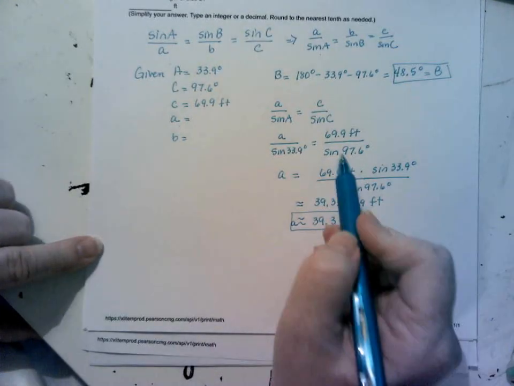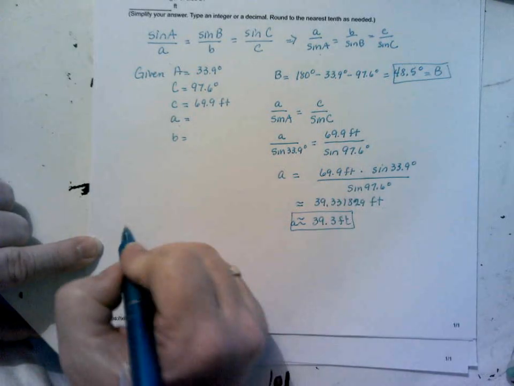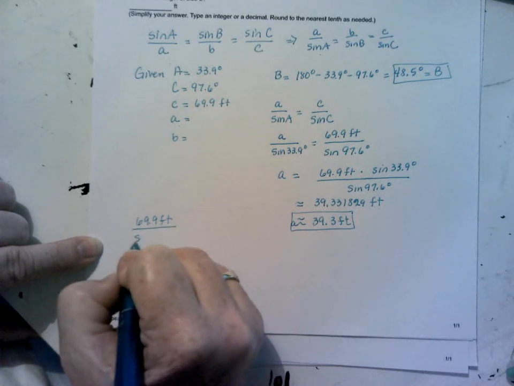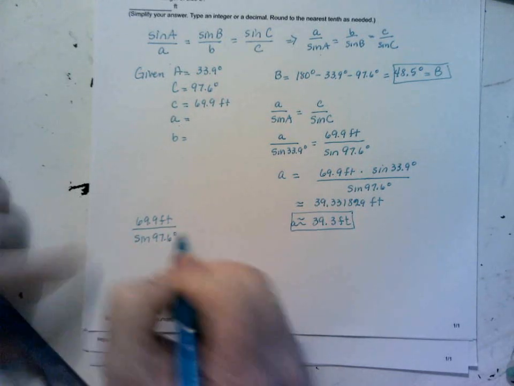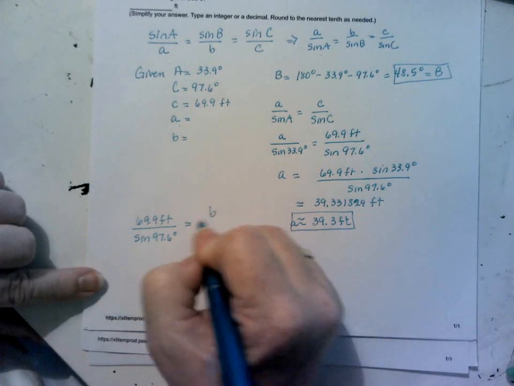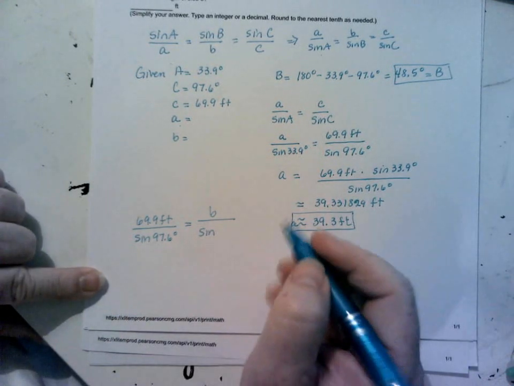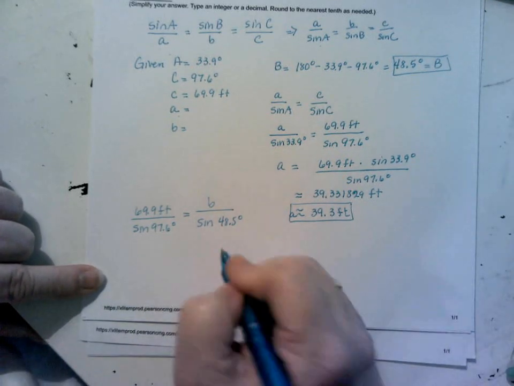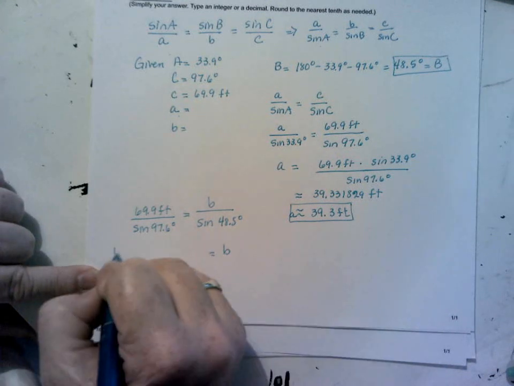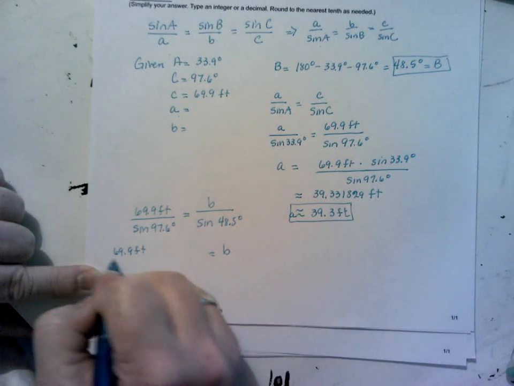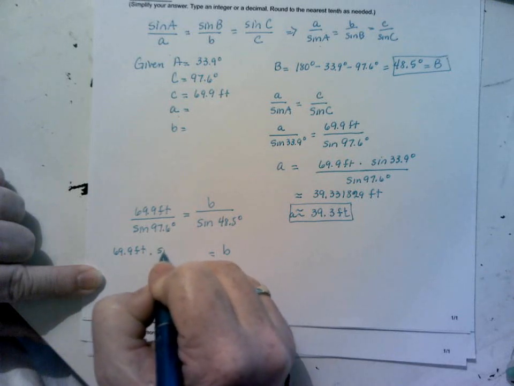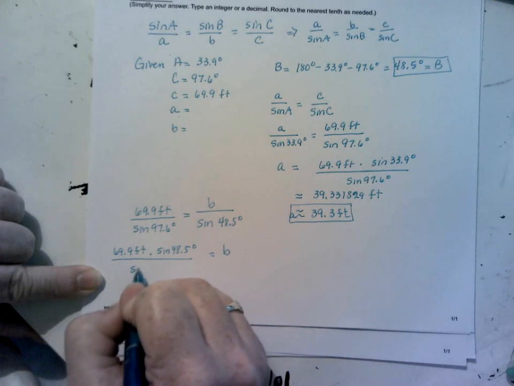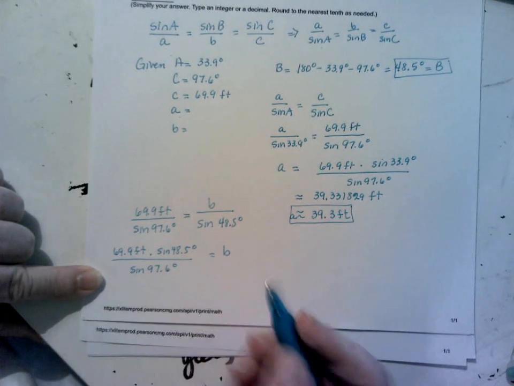So I'm going to use C over sine C again. So I'll have 69.9 feet over sine of 97.6 degrees is equal to B over the sine of angle B, which was 48.5 degrees. So B will be 69.9 feet times sine of 48.5 degrees over sine of 97.6 degrees.